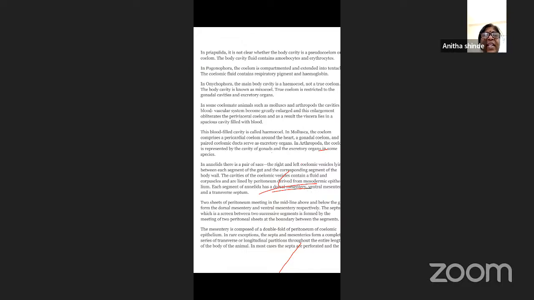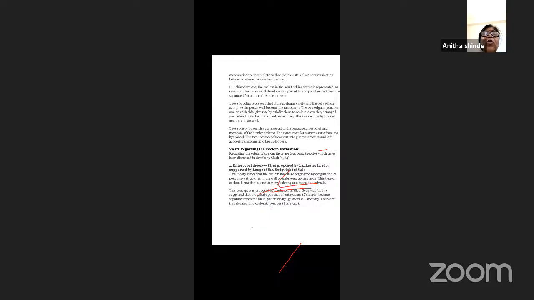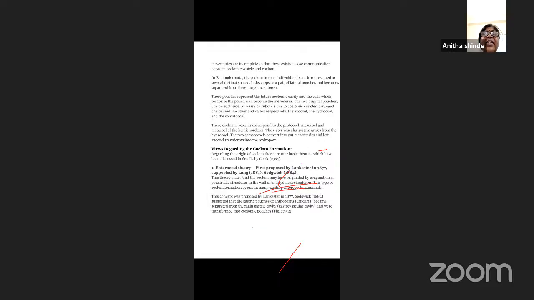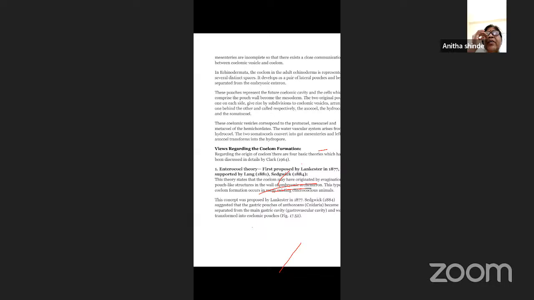Afterwards also in vertebrates, how they have given. So this is all in echinoderms as well as in the vertebrates. So this is about the presence of the coelom in different groups.